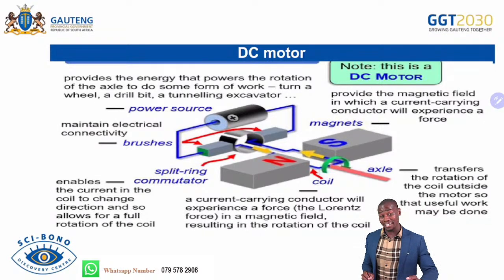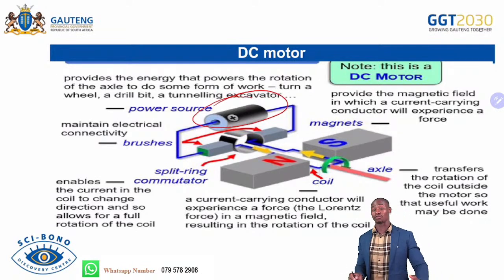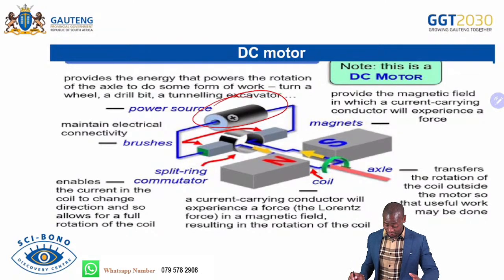Here it is from electrical to mechanical. That is why there we are having a source of power. All right? But whether you are having a DC generator or DC motor, you have the split ring commutator. So when it comes to a DC motor, there's a split ring commutator. What is the function of this split ring commutator?